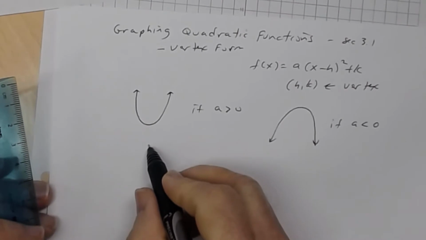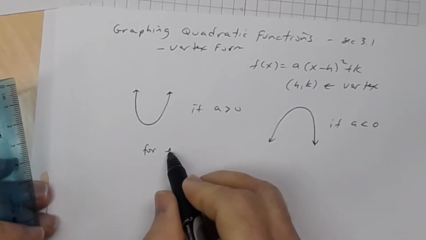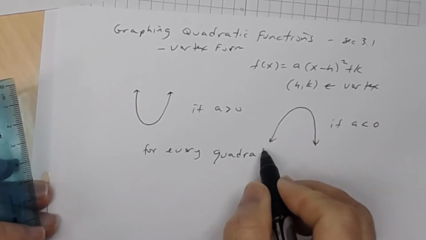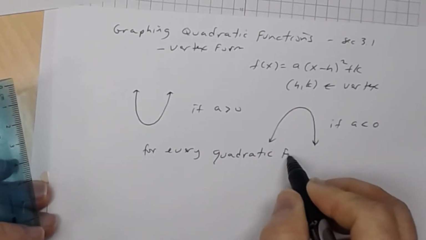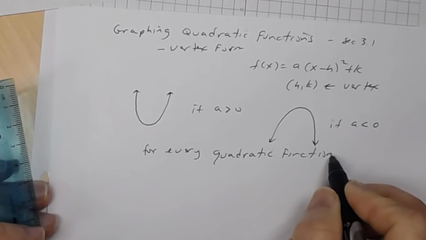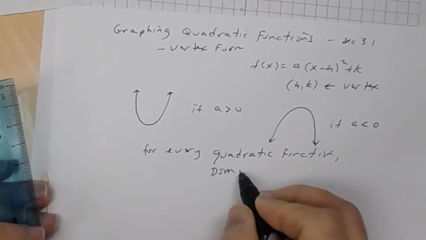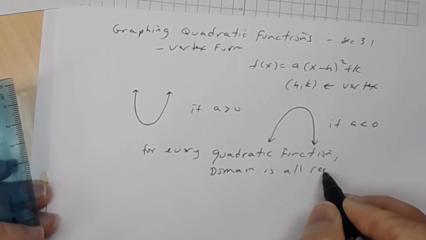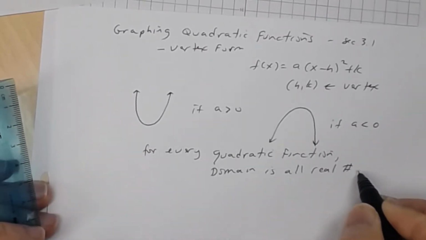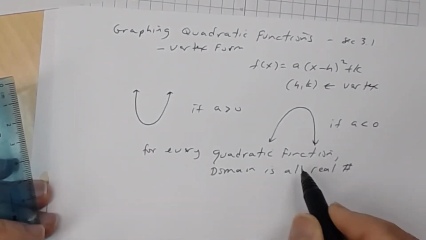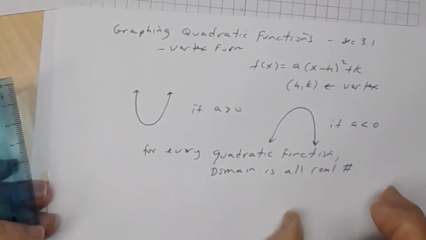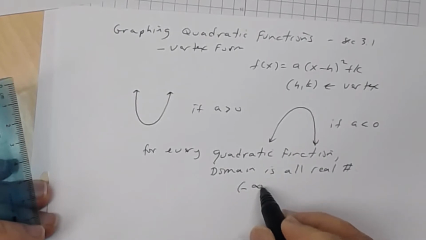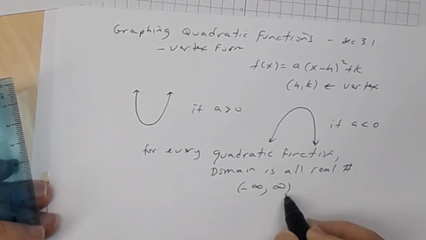So for every quadratic function, the domain is all real numbers. So every real number is possible for x, and will be an x value in the domain. As an inequality, it will be negative infinity to infinity.